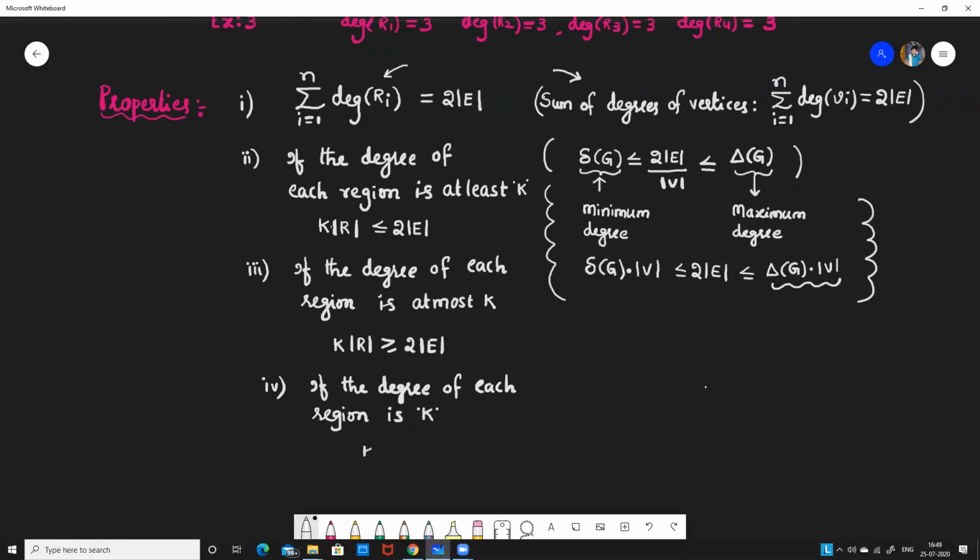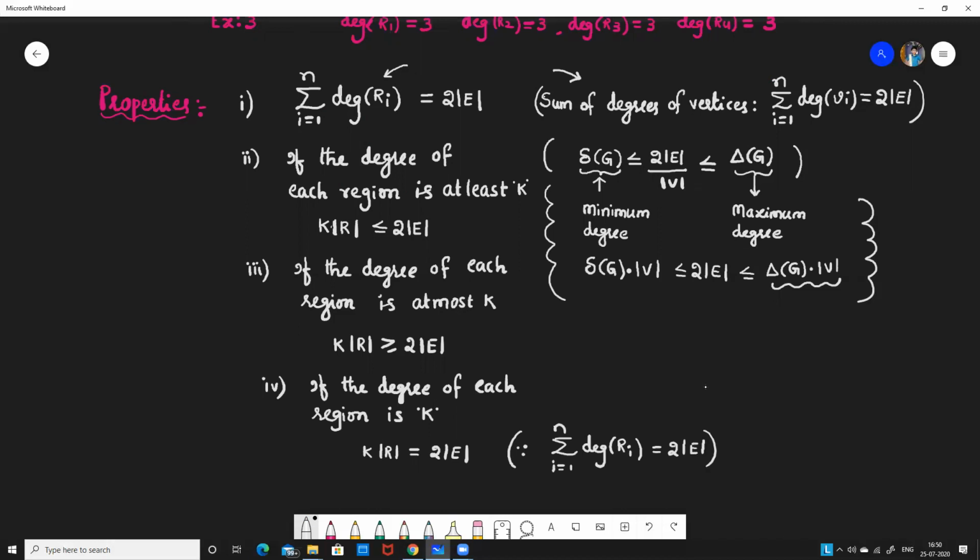Therefore, we can say k times the number of regions must be equal to 2 times the number of edges. Why is it true? Because we know the condition: the summation, i runs from 1 to n, of the degree of Ri must be equal to 2 times the number of edges.